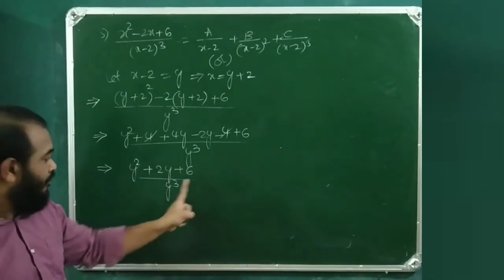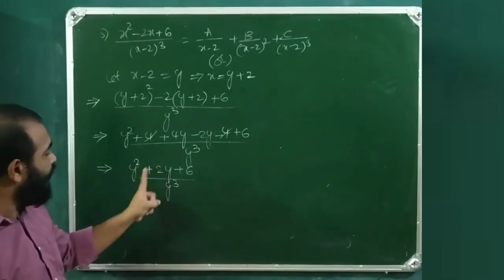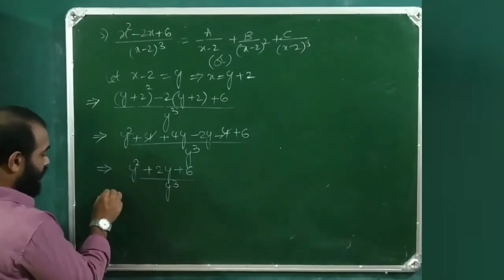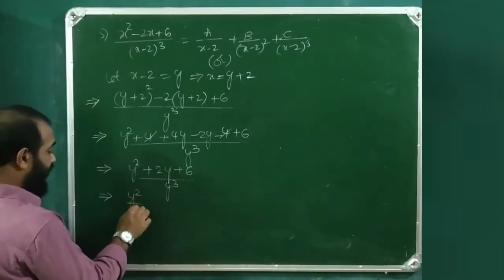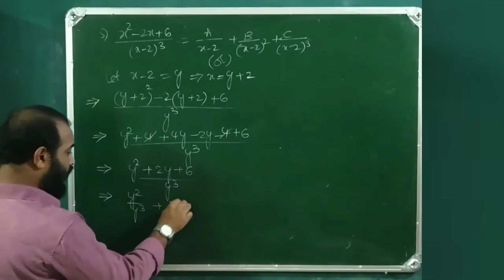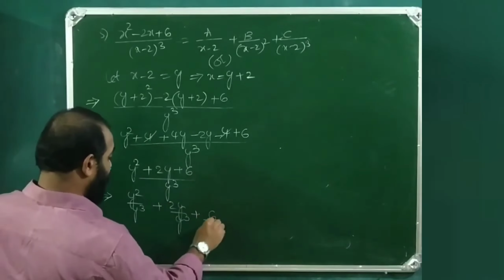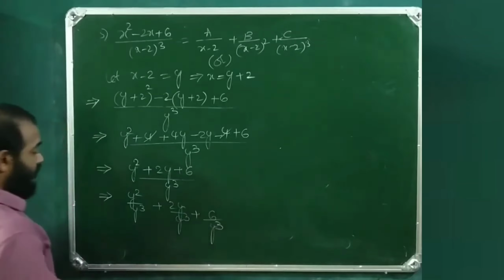A plus b plus c by d is a by d plus b by d plus c by d. So this is equal to y square by y cube plus 2y by y cube plus 6 by y cube.